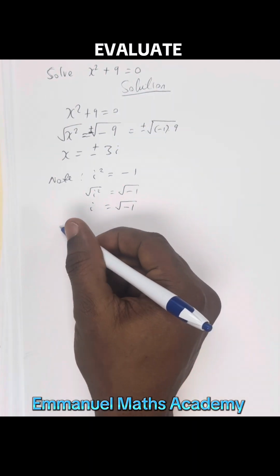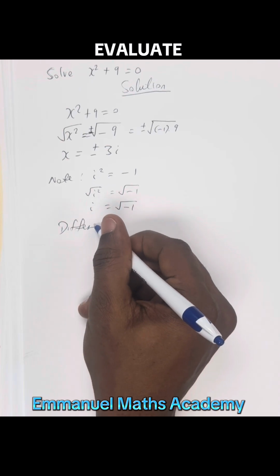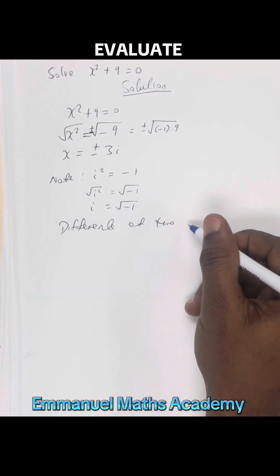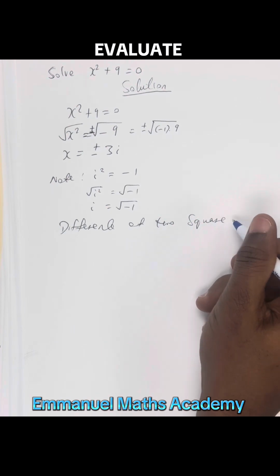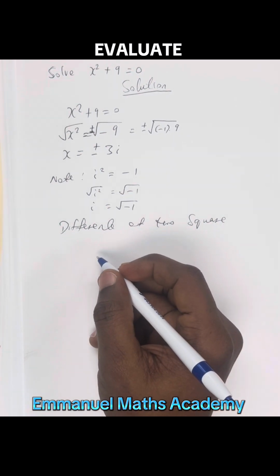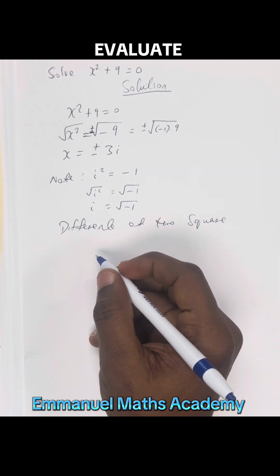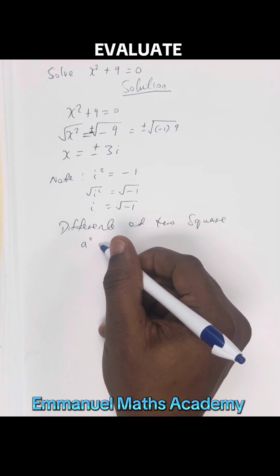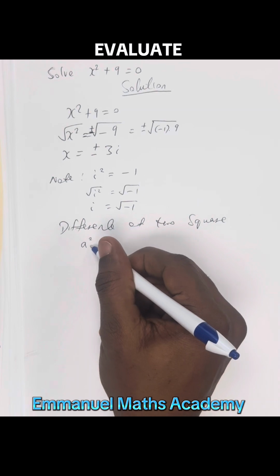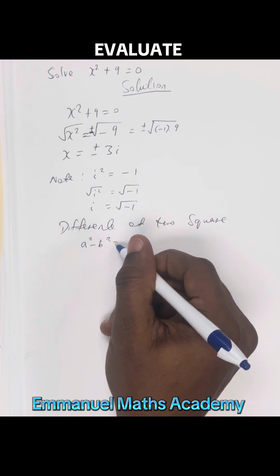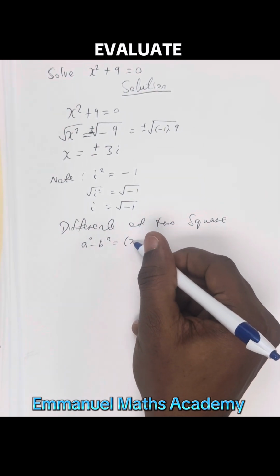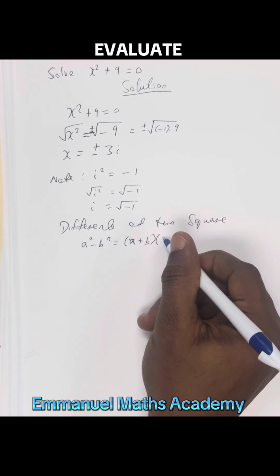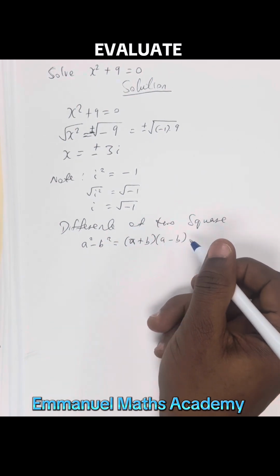So if you use difference of two squares, this is basically saying that if you have a squared minus b squared, this is the same thing as a plus b times a minus b.